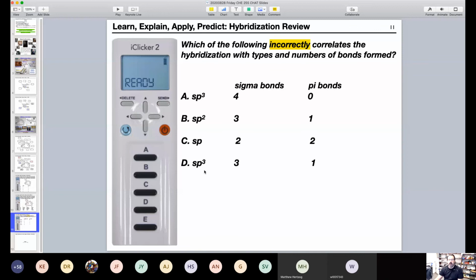This is incorrect because an sp3 hybridized carbon has 4 sigma bonds and no pi bonds. So again, just look at the trend here. sp3, 4 sigma bonds, 0 pi bonds. sp2, 3 sigma bonds, 1 pi bond. sp, 2 sigma, 2 pi.